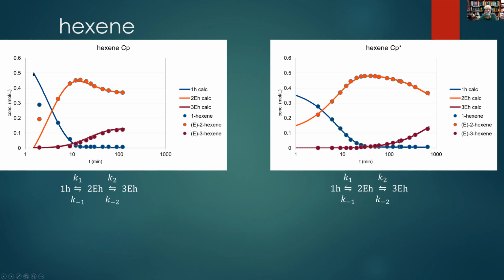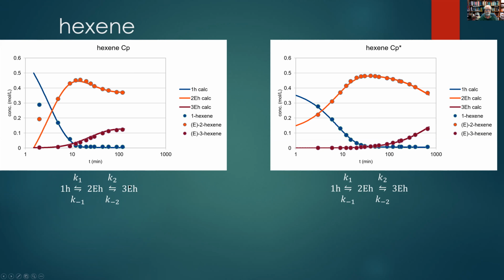And so here we're showing the initial 1-alkene concentration decreasing, the 2-alkene concentration growing in, and over a longer period of time, the 3-alkene concentration. So that's going from 1-hexene to 2-hexene to 3-hexene, and we're just writing that in shorthand here.